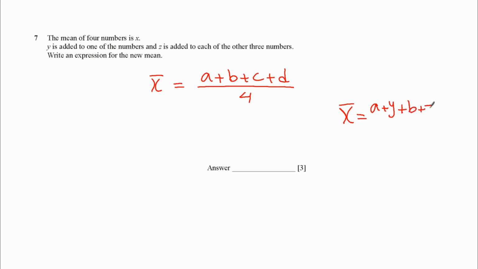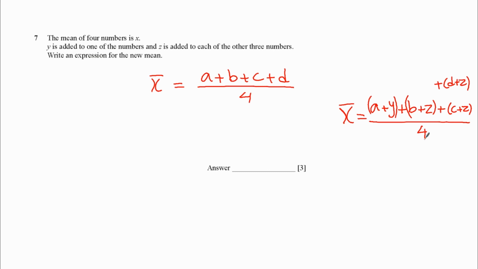These are just single numbers in here because we're just adding these to those numbers. Again, plus c plus z, and again plus d plus z. And all of that is divided by 4, the new mean. We are adding to the numbers, but the total count of the numbers is still 4.